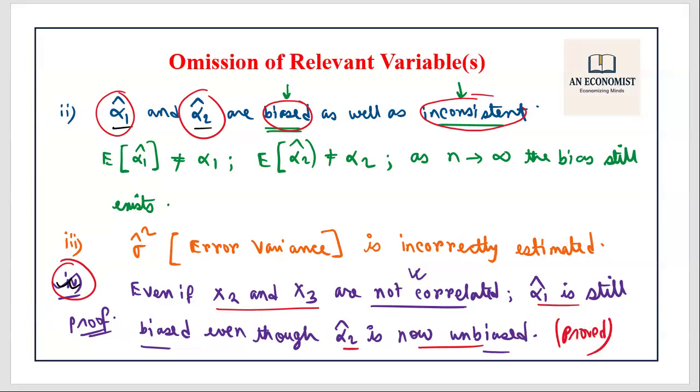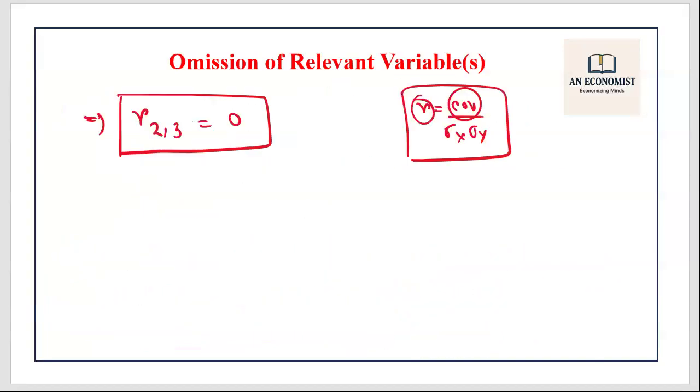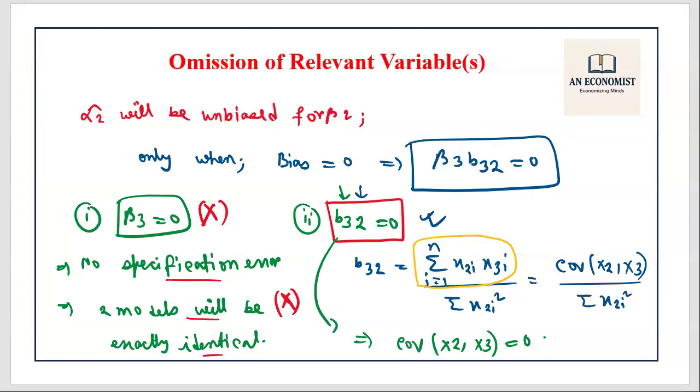If R23 is 0, see here, let me go back. Alpha 2 cap will be unbiased for beta 2 only if the bias is 0. So we are checking the condition: when will this alpha 2 cap be unbiased? This can only happen when the bias is 0, which means this criteria. And we have shown that this beta 3 cannot be equal to 0 because it will lead to no specification error. We must exclude that possibility.